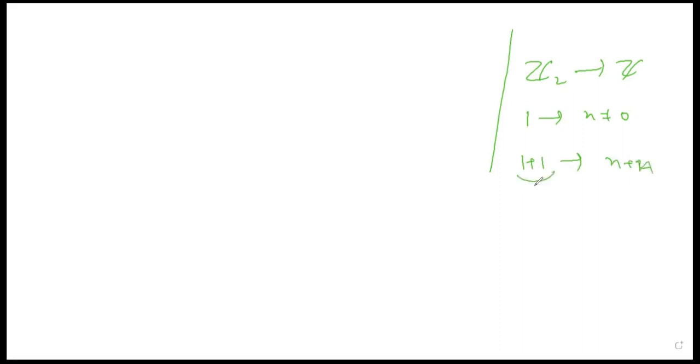But 1 plus 1 here is going to be 0, and 0 will have to go to 0. But here n plus n cannot be 0. So this is a contradiction.